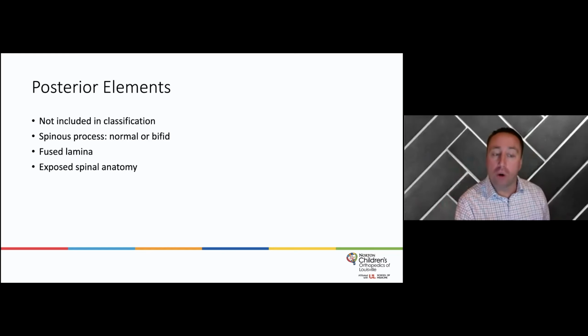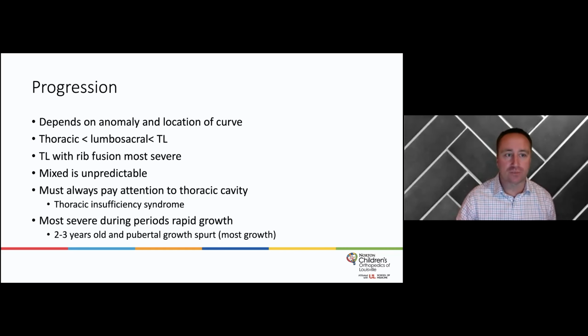When we showed you a bar in the front, this is essentially a bar in the back. And then oftentimes you can have exposed spinal anatomy. If you're missing bone in the back when you're doing surgery, you need to be aware, because the spinal cord may not actually be covered by bone. That's why it's so important that you always get MRIs and CT scans before you operate on these patients.